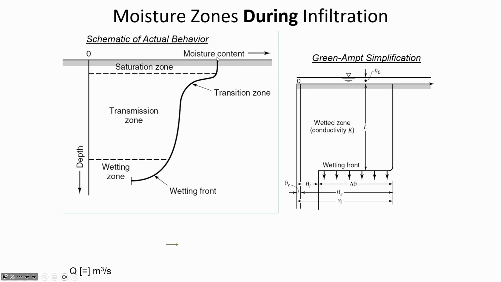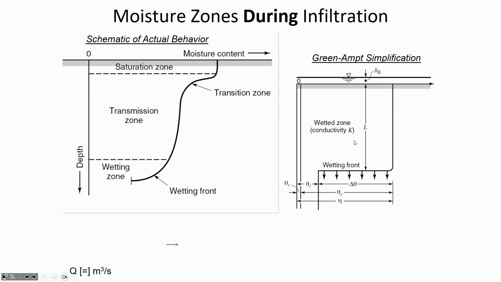And so it says, rather than having this gradually decreasing water content, let's just say that there's the initial water content and then fully saturated, because that's the simplification that it takes to get something that we can compute easily in terms of how long it's going to take for the water to move down through the soil. And even with this huge simplification, it'll still be a little bit quantitatively rigorous for us to calculate how long it takes for the water to penetrate a certain distance.